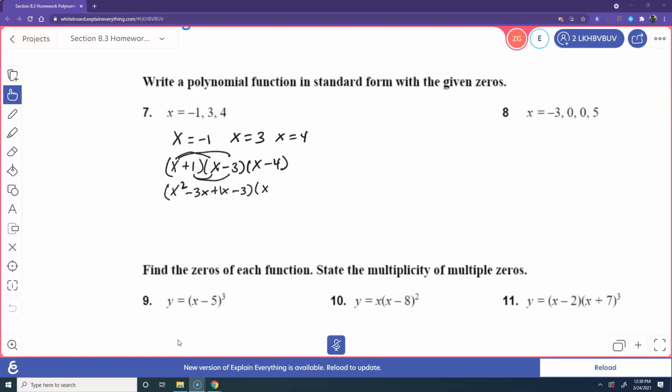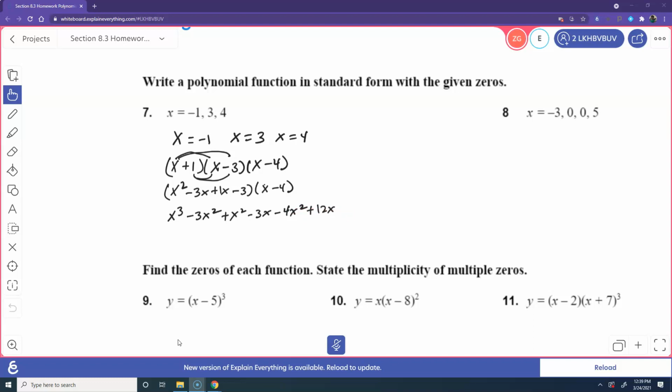Then you're going to multiply times x minus 4. So x times x squared is x cubed. X times negative 3x is negative 3x squared. X times 1x gives you x squared. X times negative 3 is negative 3x. Negative 4 times x squared gives you negative 4x squared. Negative 4 times negative 3, positive 12x.